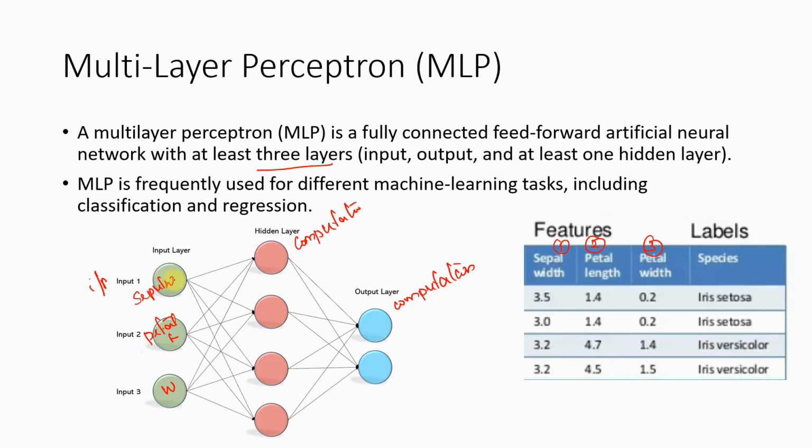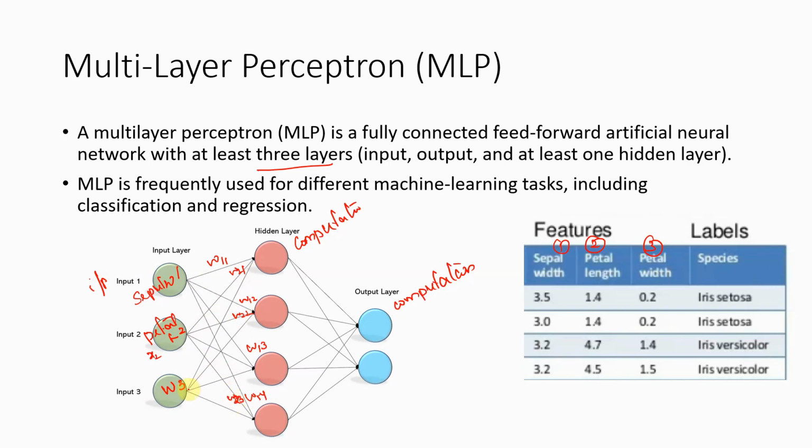And from each node of the input to the hidden layer, we have the weights. Suppose we are considering this as 1, 2 and 3. So we have W11 and then W12, and this will be W13 and W14. And the same thing, the next input X2 is connected with W21, W22, W23.